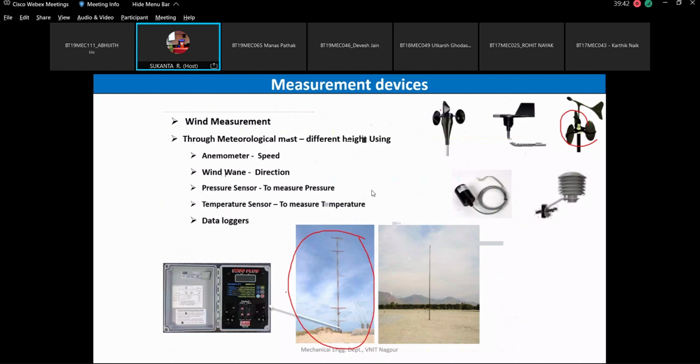Here, this color shows the total installation and the potential, that is, how much wind power can be generated in a particular state, like Tamil Nadu and Gujarat. It is in megawatts. There is a huge potential.